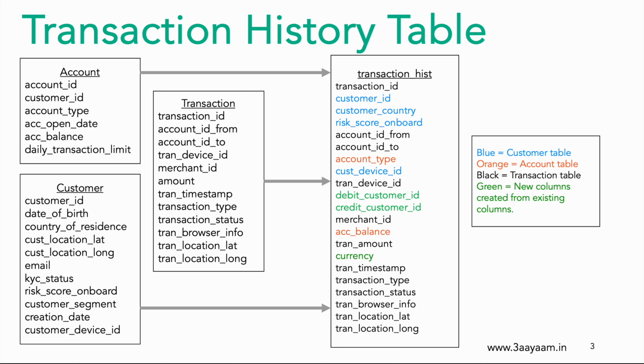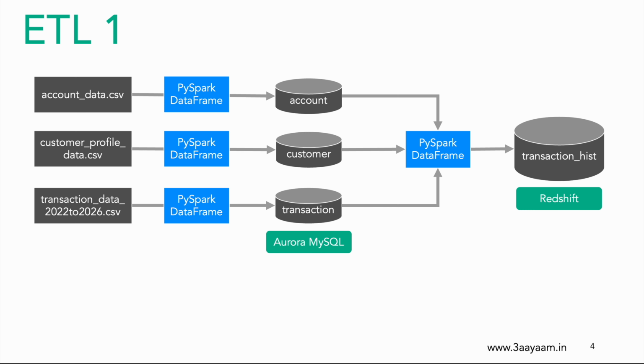Now, as you can see, this is a typical ETL. You would be having multiple files, and you'll have to load the files to a historical table. Now, the first ETL is very straightforward. You'll have to read the corresponding files. We have a single file, account data.csv. There's a single file, customer profile data.csv, but there are multiple files for transaction data.